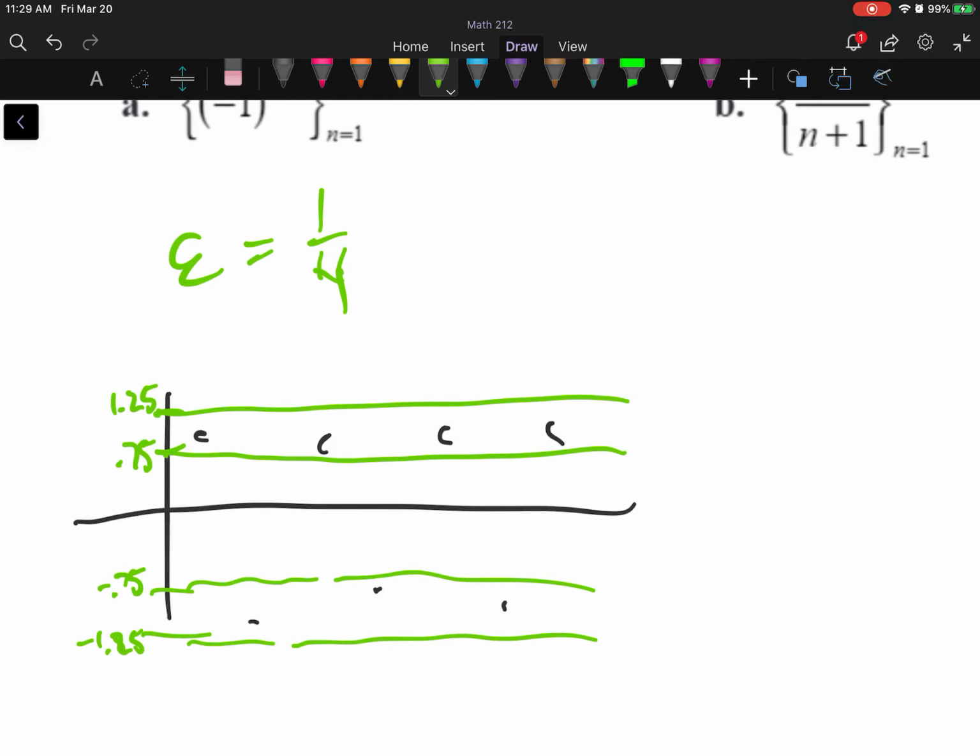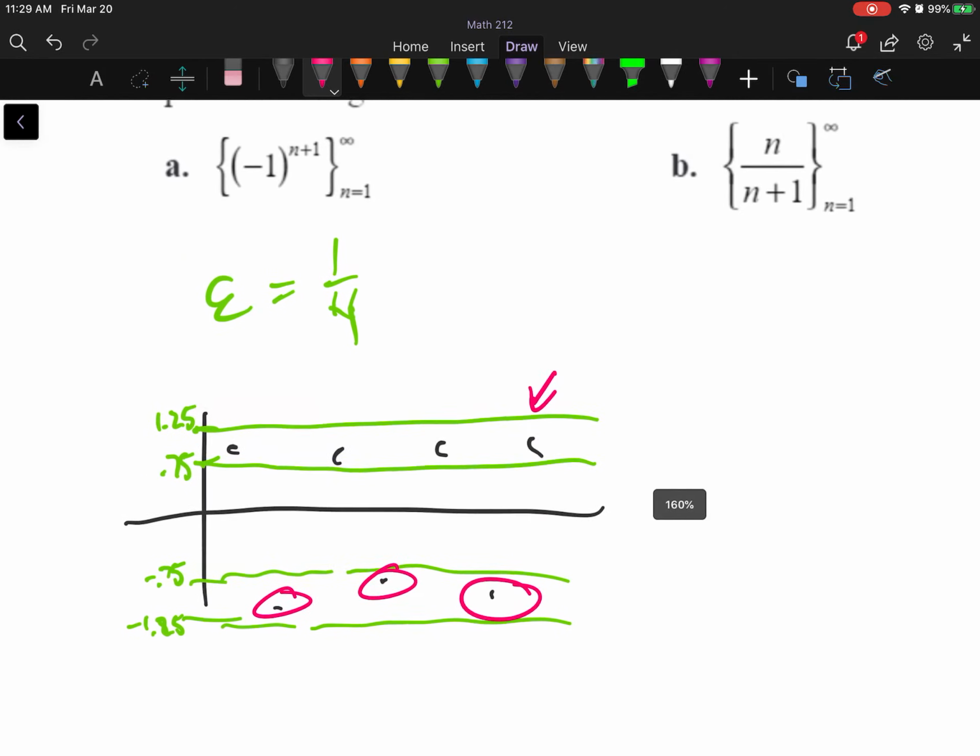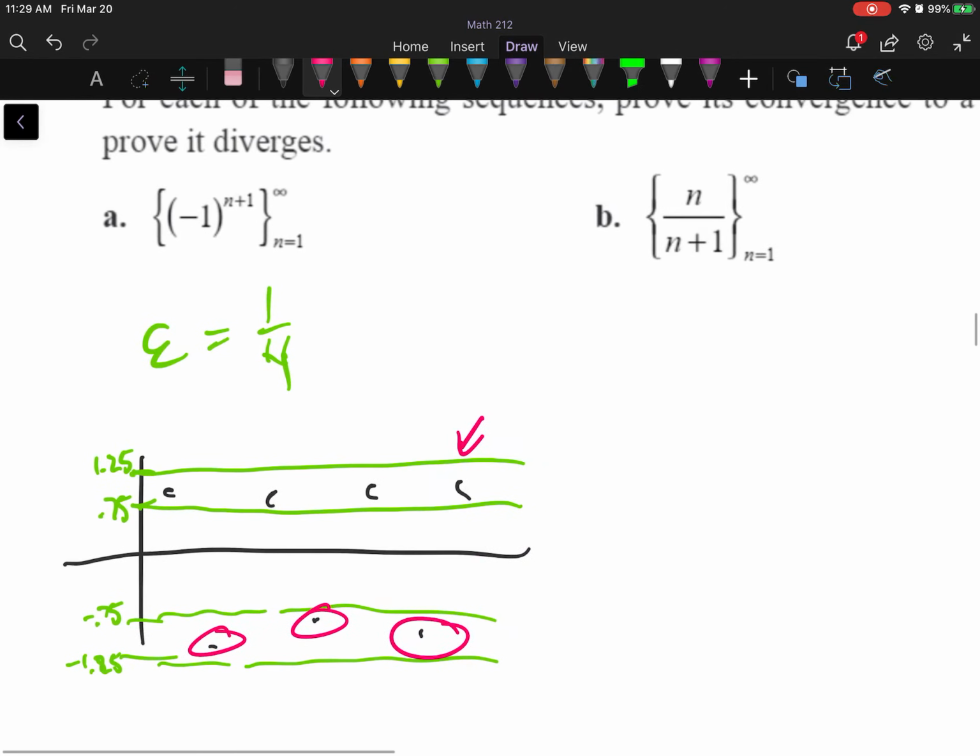If we choose to have our error bounds on the top like this, then we don't include any of those bottom sequence terms. And likewise, if we chose the bottom, none of the points in the top would be included. And so by choosing our error bound to be 1/4, we are necessarily restricting ourselves to only half of this sequence.